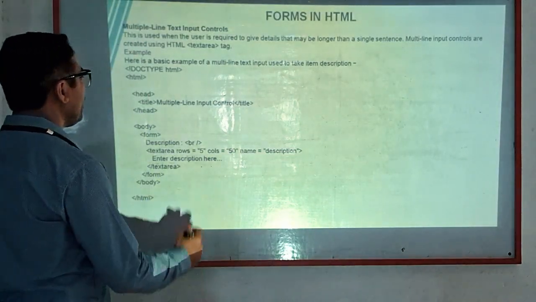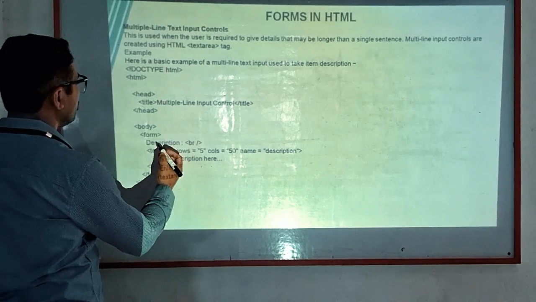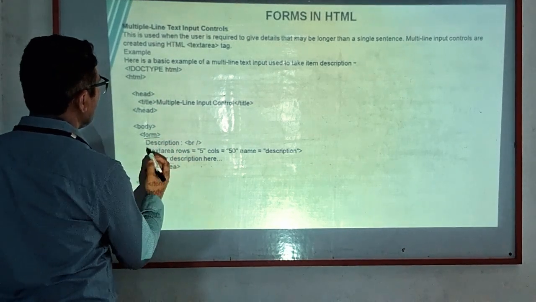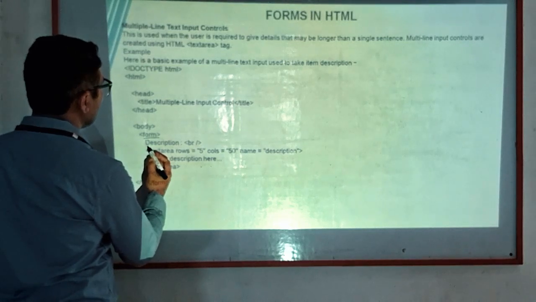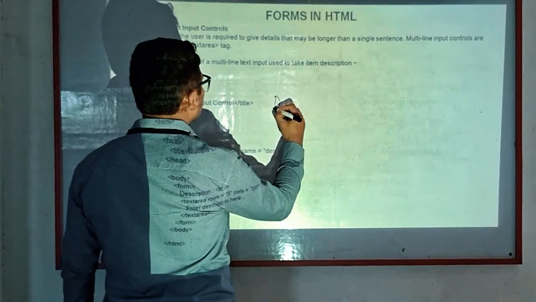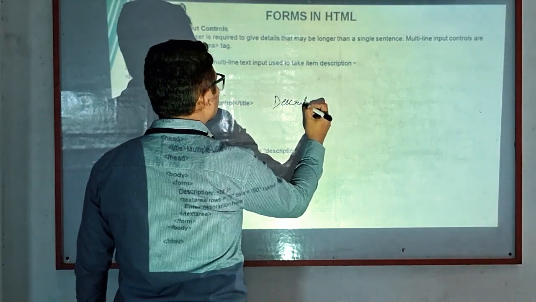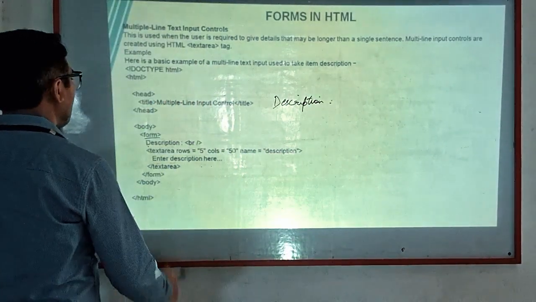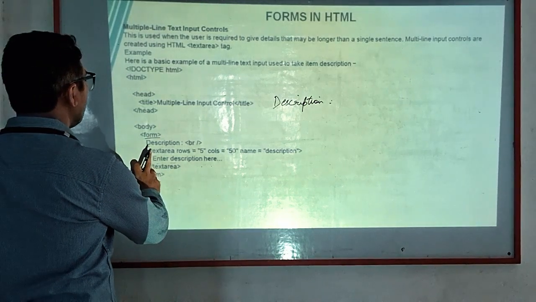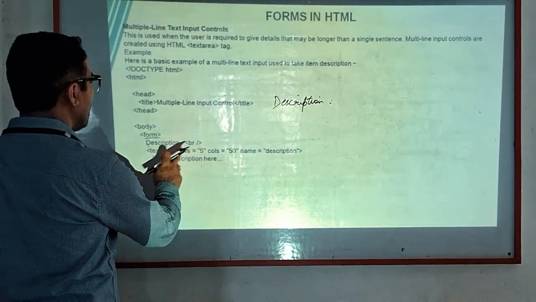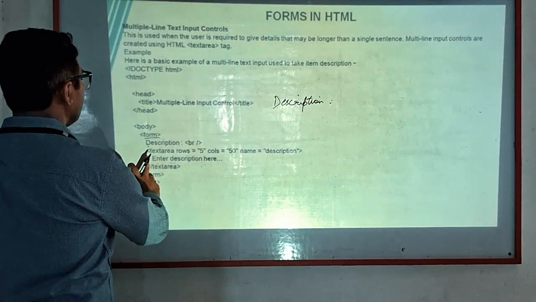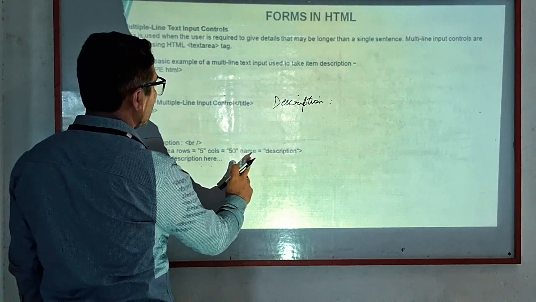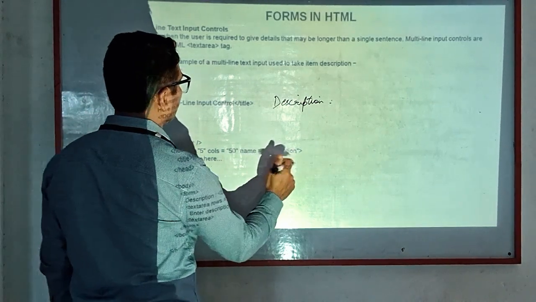Now you can also add a multiple line control in the form. Here we can write the form tag, then we have written a text description. This will be printed the same, and after this there will be a break, meaning the box will be below the text, and there is a text area of rows 5, columns 50 and name description.